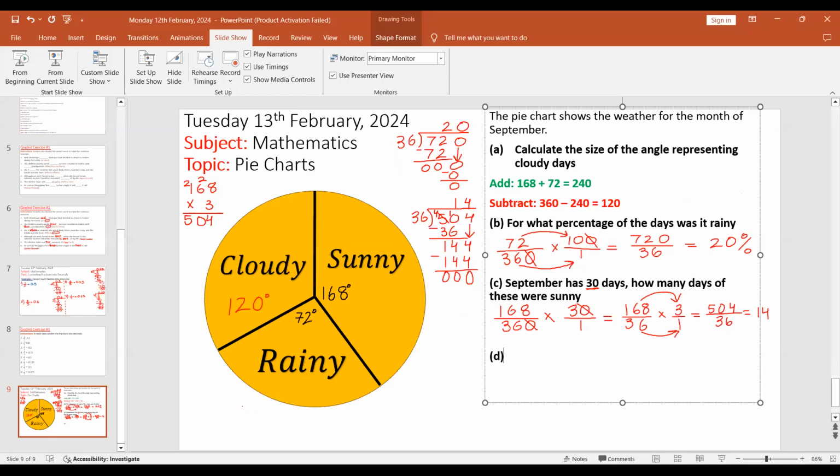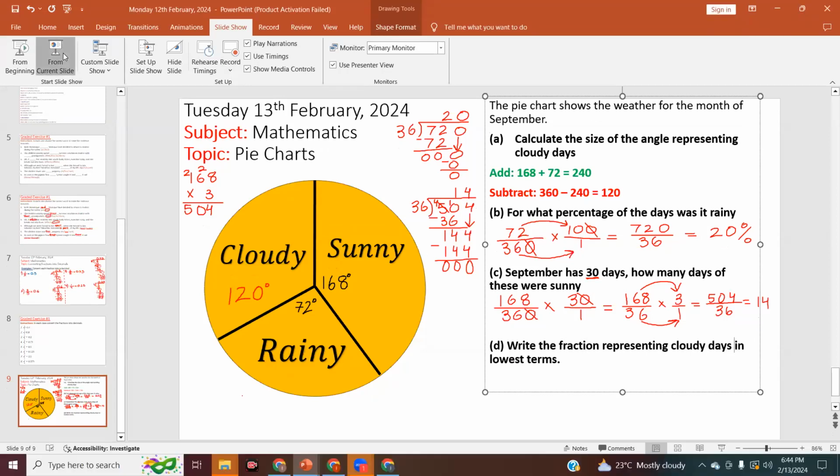It's going to be D. Write the fraction representing cloudy days in lowest terms.